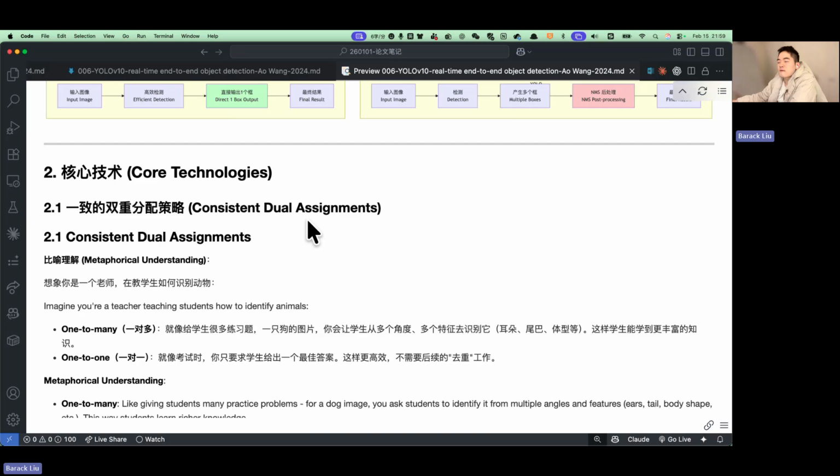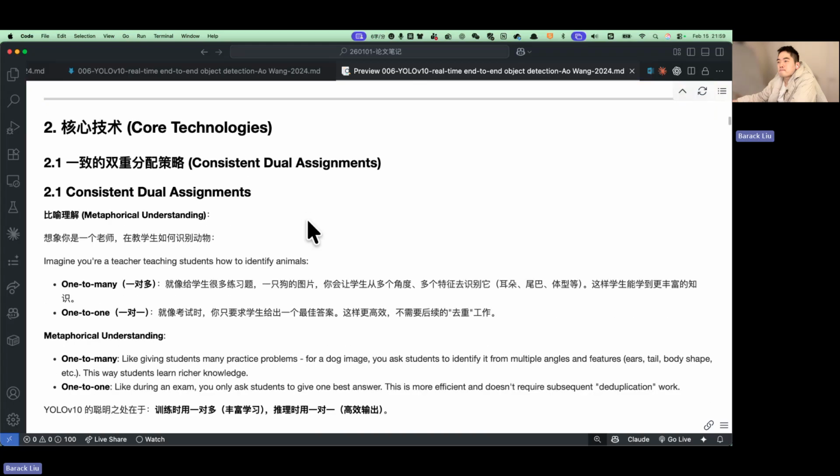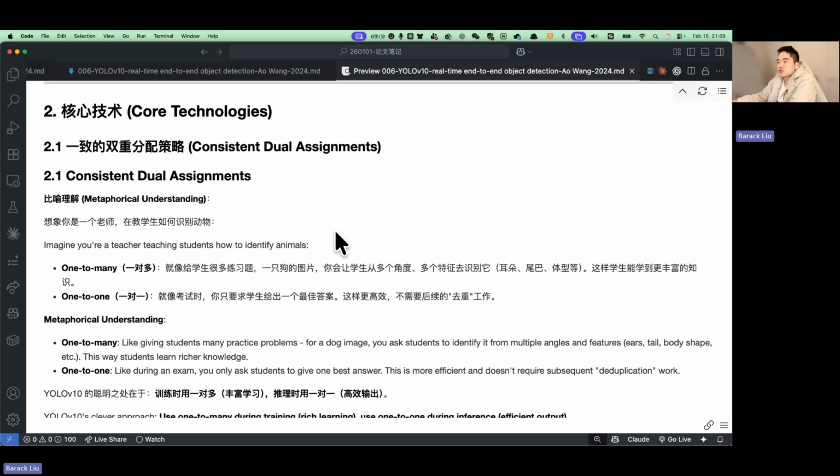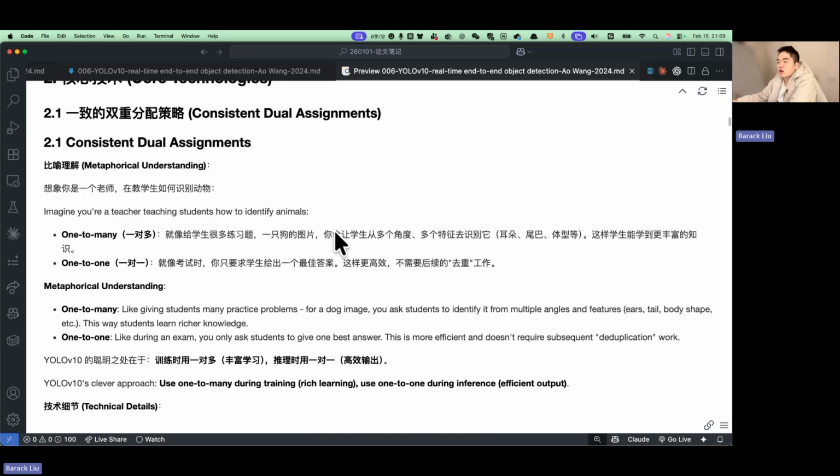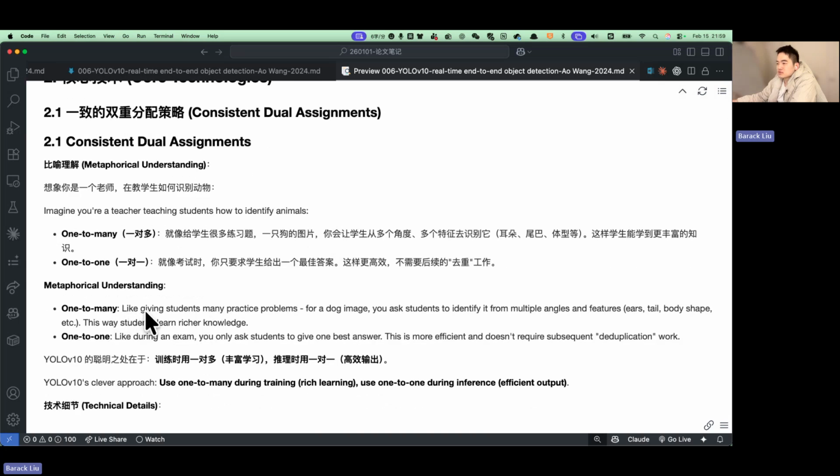First one, consistent dual assignments. Imagine you are a teacher teaching students how to identify animals. One-to-many means giving students many practice problems. For a dog image, you ask students to identify it from multiple angles and features.